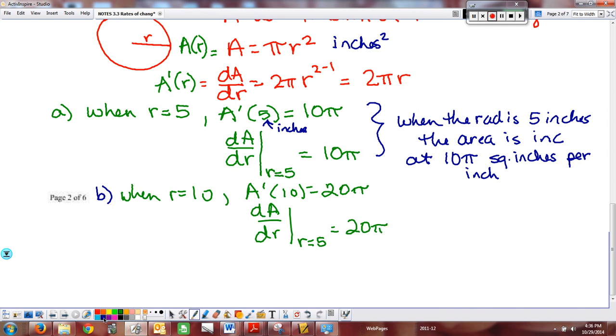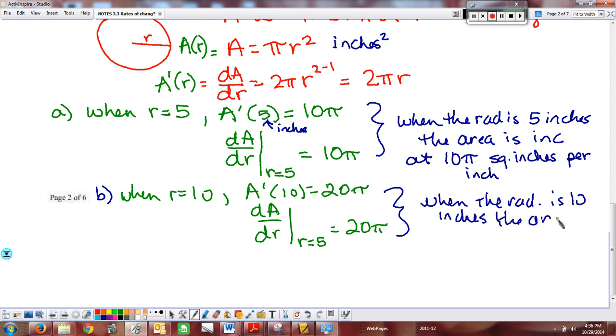So my interpretation on that one would be: when the radius is 10 inches, the area is increasing at 20 pi square inches per inch. Which basically is saying for every inch the radius increases, the area increases 20 pi square inches. But this is how they're going to want you to write that interpretation.